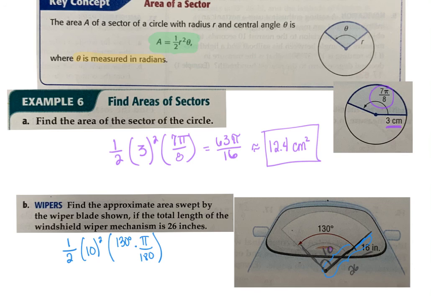If you leave it in radians, in pi form, you just need to make sure you do all of your conversions here and reduce it. But when you put it all the way across and multiply it out, 653.5. Just make sure that you convert it if it's in degrees.